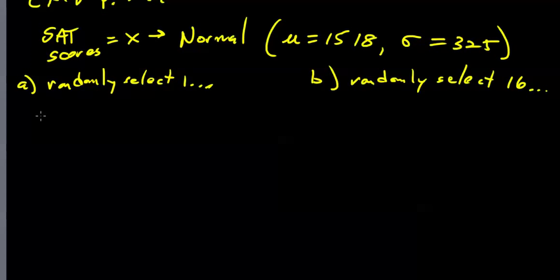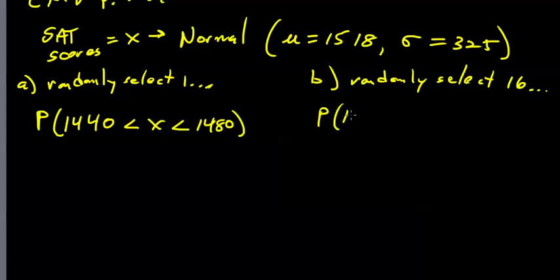In part A, for number 8, they want the probability that a randomly selected SAT score is between 1440 and 1480. And in part B, when we randomly select 16, they want the probability that a sample mean from these 16 is between the same limits. So notice the slight notational difference, but the problems are very different.